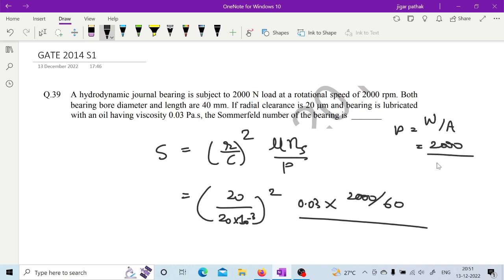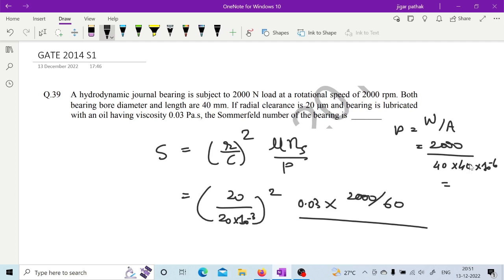Area is diameter into length, that is 40 into 40. We need to consider it as into 10 raised to minus 3, so 10 raised to minus 6 if we go for both.